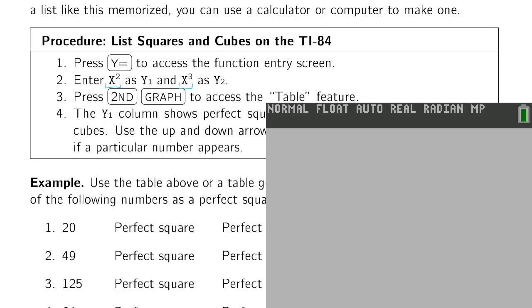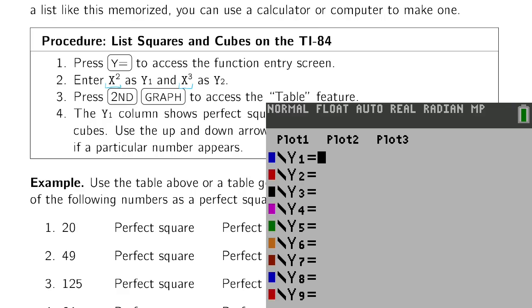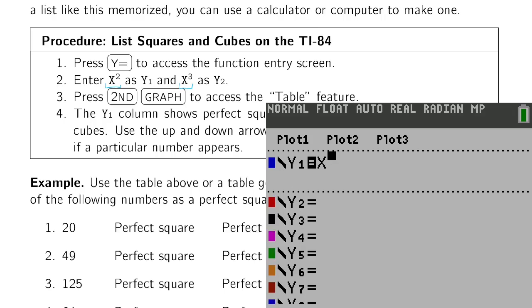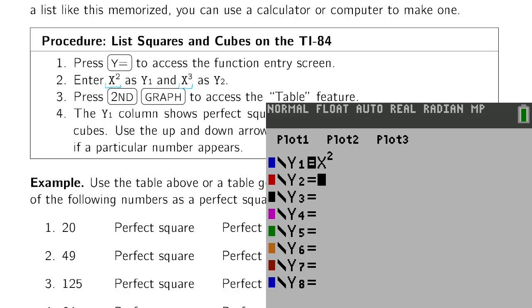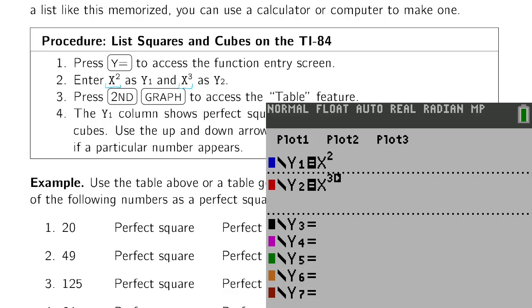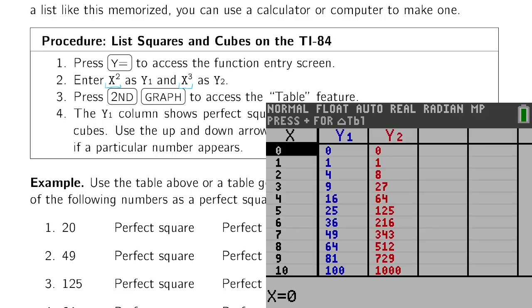Let's see how that works. I'm going to y equals. I'm going to enter x, exponent key 2 to enter x squared. I'm going to hit x, exponent key 3 to enter x cubed. And then I'm going to hit second, and then the table button to get a table.